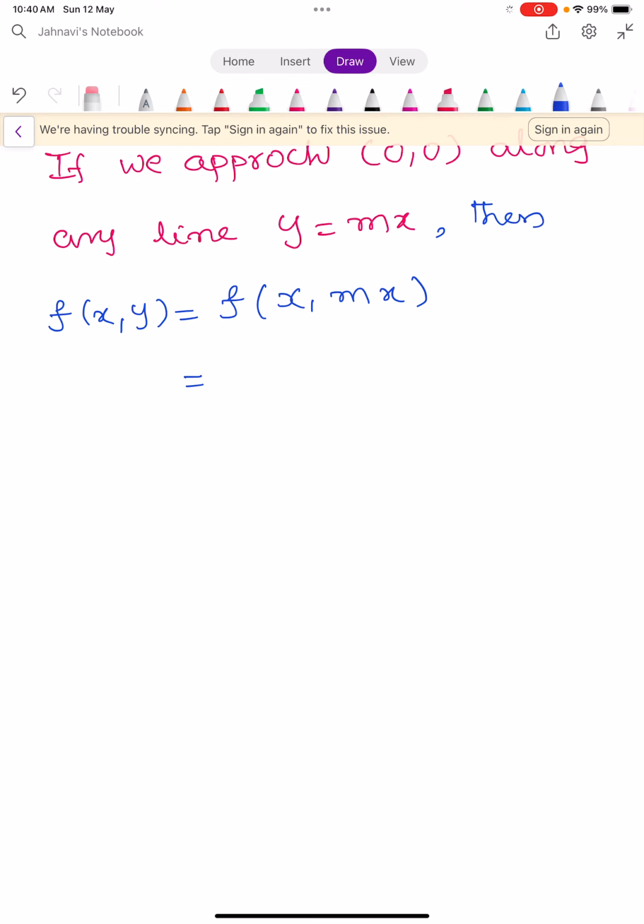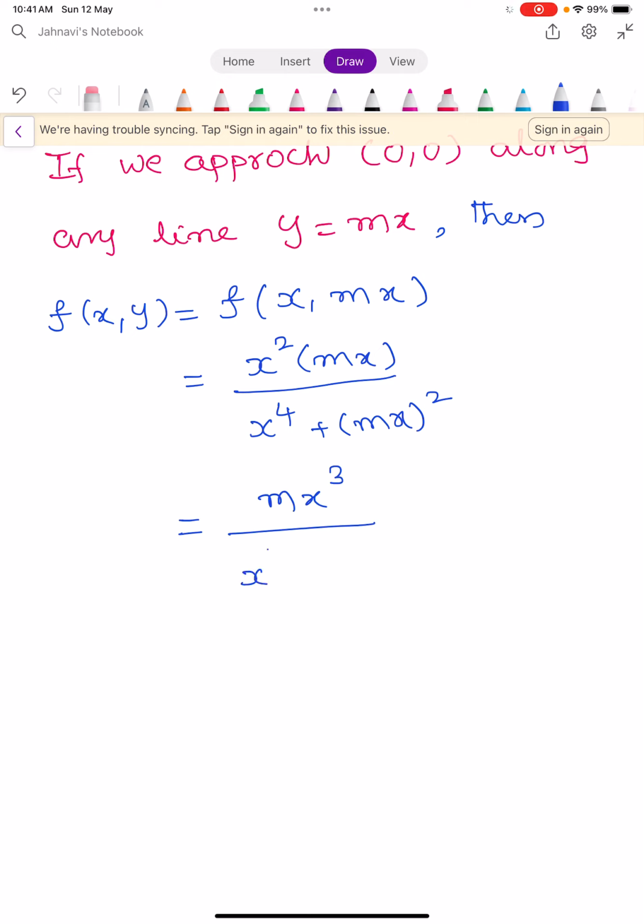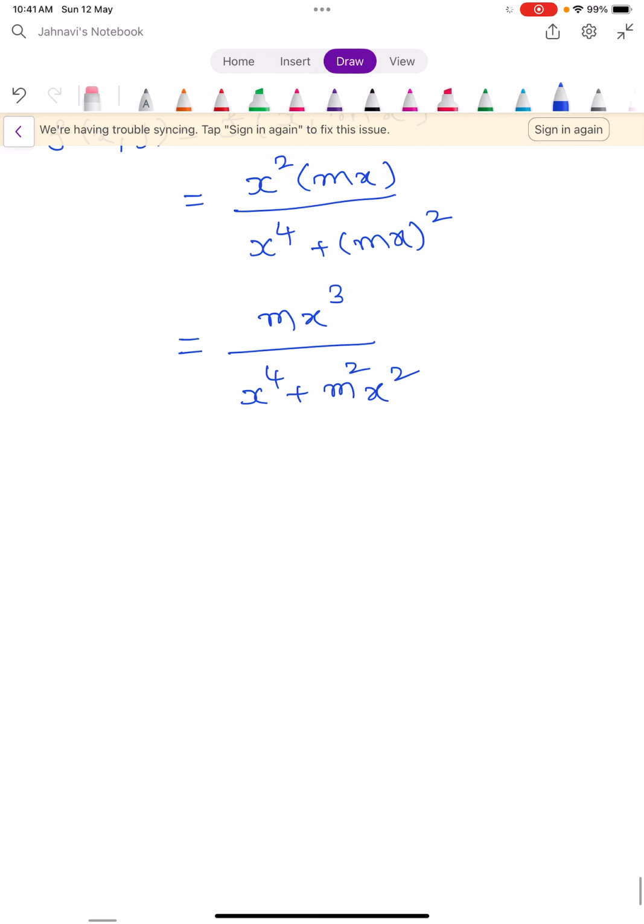So you simply get x squared times mx divided by x to the power 4 plus (mx) whole squared, which is equal to mx cubed divided by x to the power 4 plus m squared x squared. This is a simple calculation.